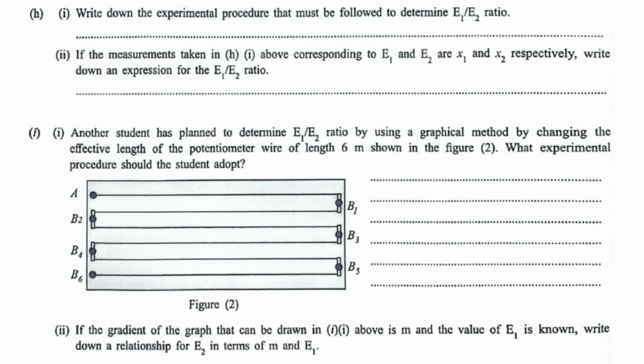Then part I, Roman number 1. Another student has planned to determine the E1 over E2 ratio by using the classical method of changing the effective length of the potentiometer wire of 6 meters shown in figure 2. What experimental procedure should the student adopt?